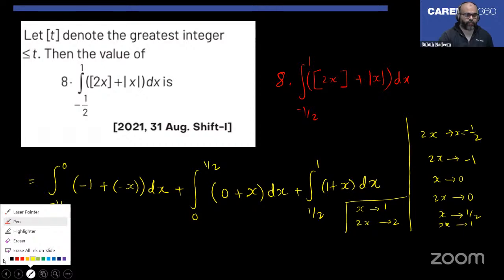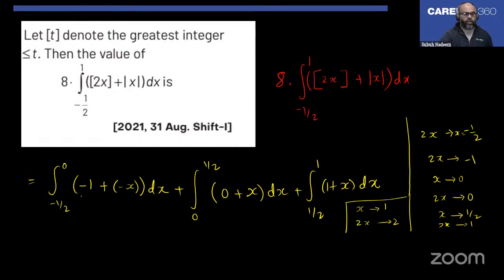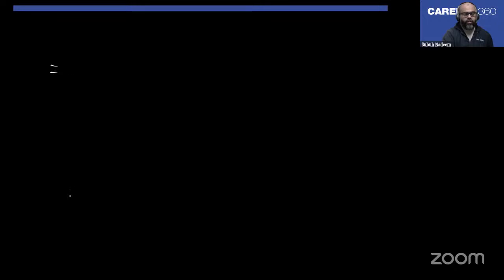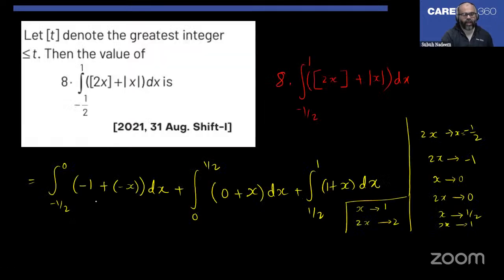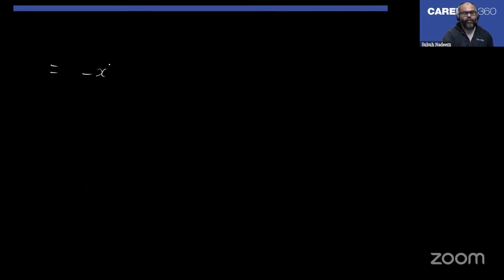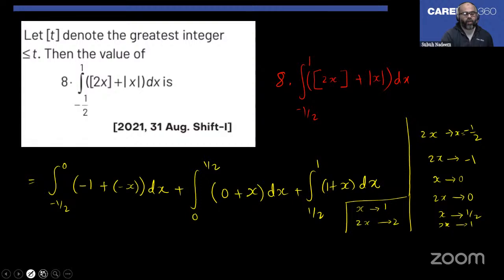Now this is equal to the integral from minus half to 0 of minus 1 dx. That will become minus x after integration, from minus half to 0. And then we have minus x dx.